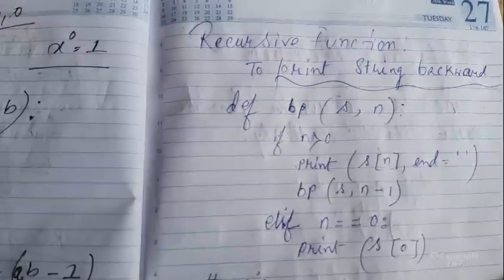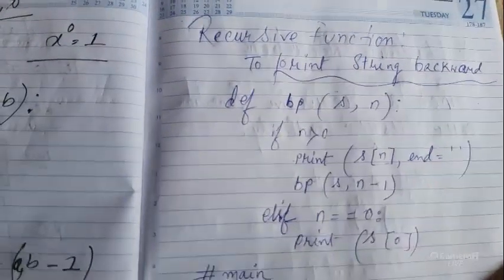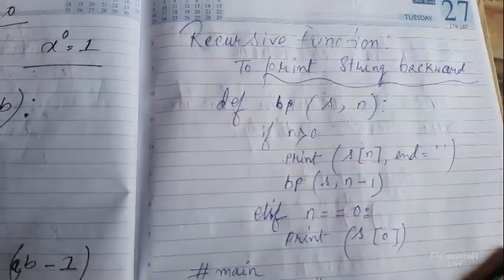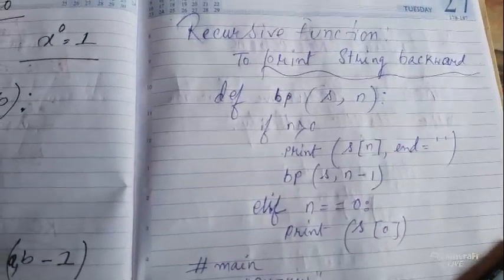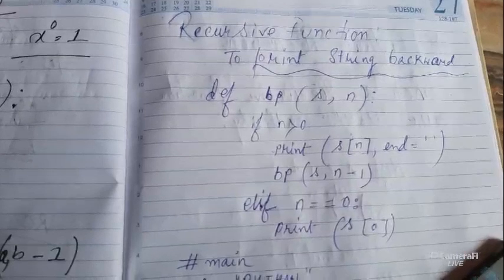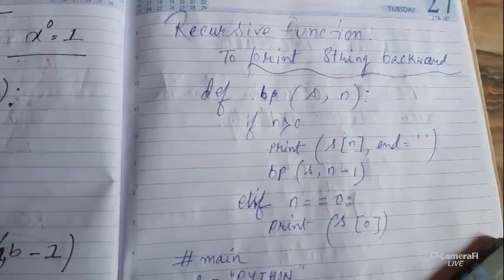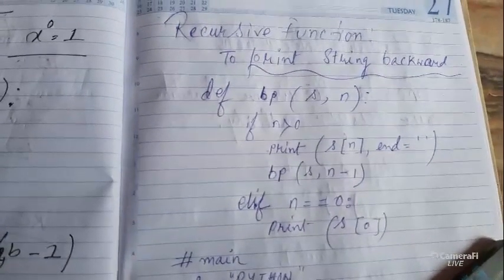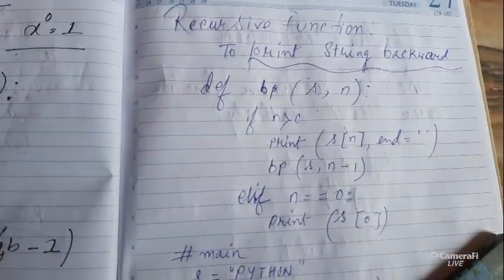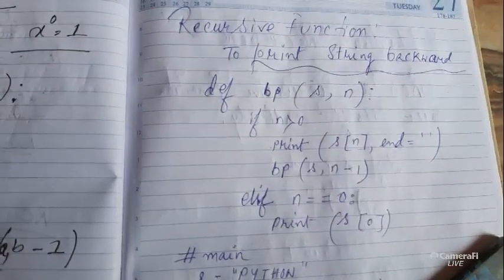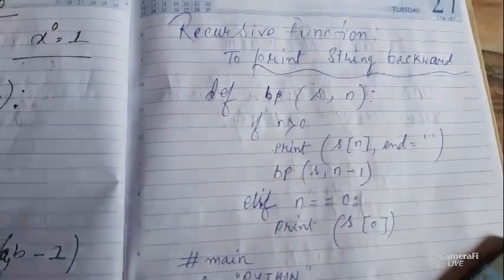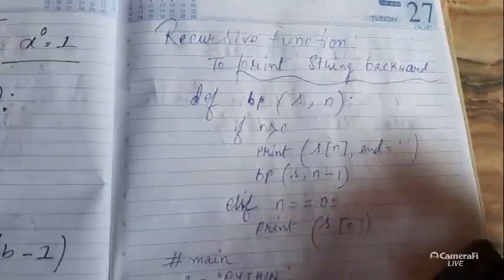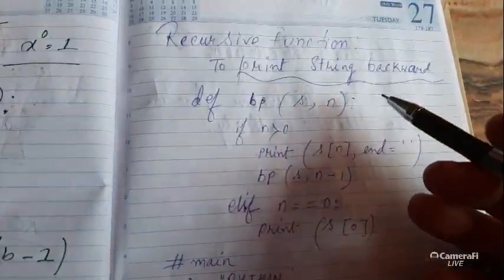From Monday onwards we will either go for some practical things or move to a new chapter. As I told yesterday, this is a continuation chapter of functions, with a new concept. That's why I am discussing a few more examples.